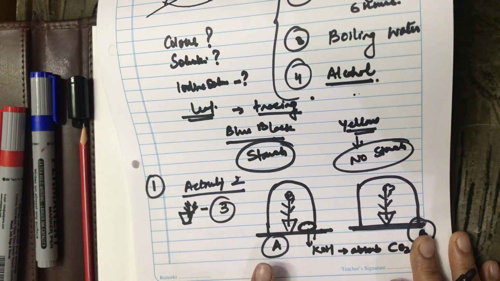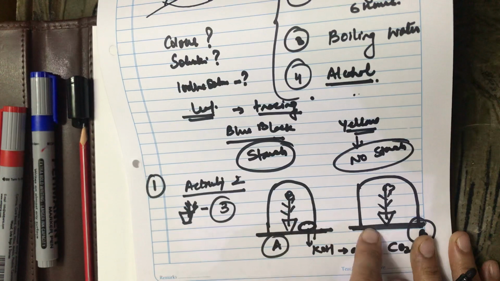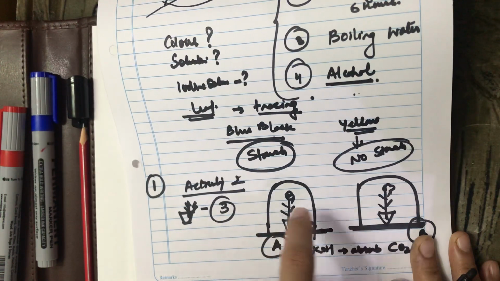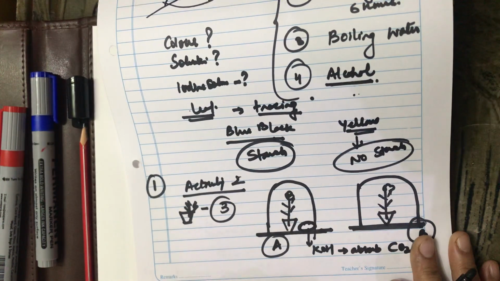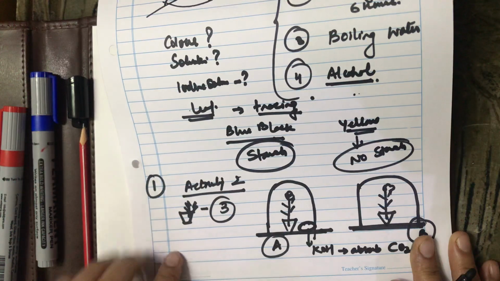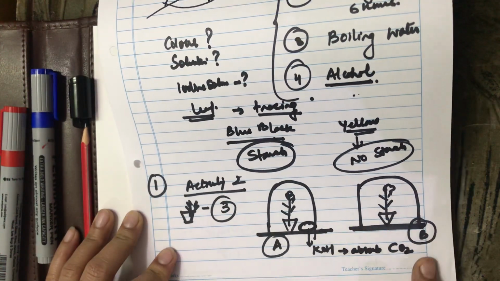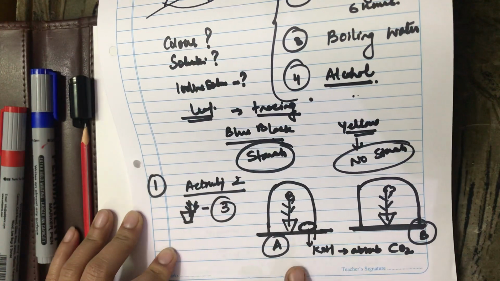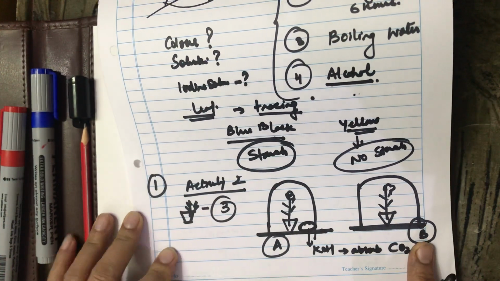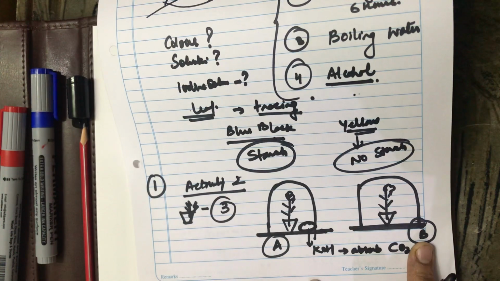After that, what we are going to do is we are going to pluck a leaf from each plant and check for the presence of starch. What do we think, that both the leaves show the presence of starch in the same amount? No, it will be seen only in B, not in A. Why?